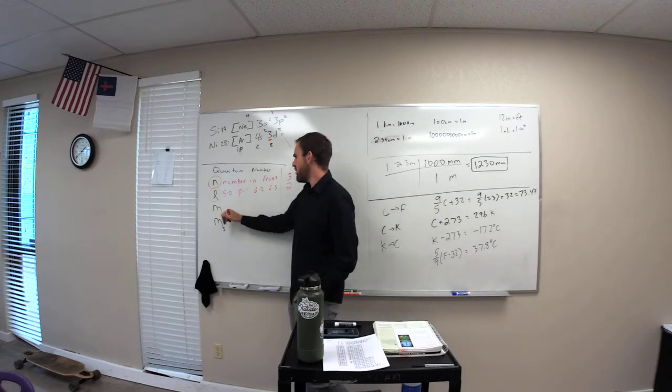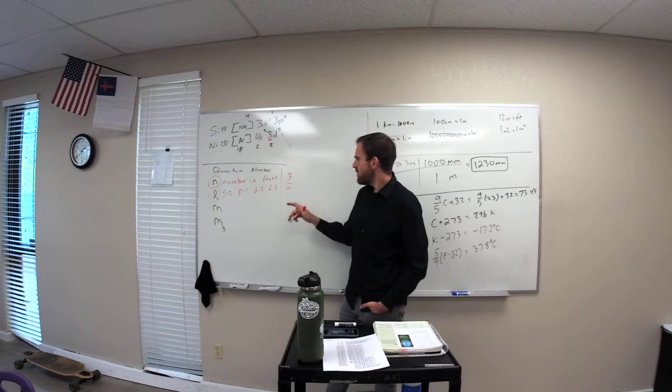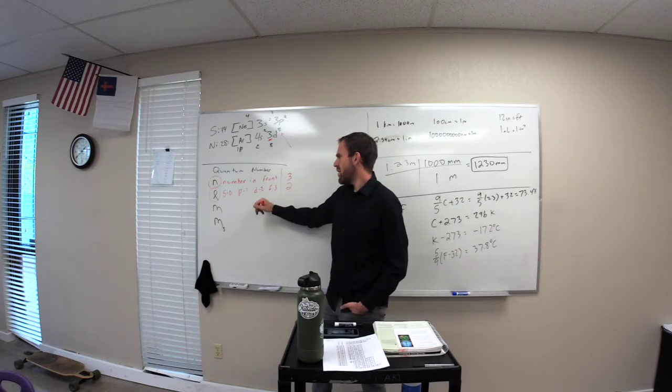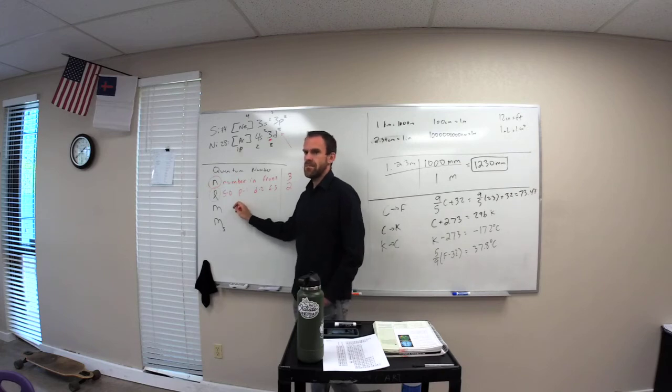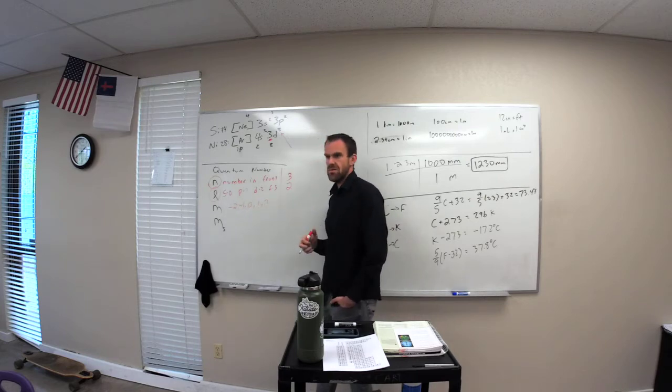Now we have to figure out M. This is where it gets a little funky, okay? For D as the azimuthal quantum number, what are the values of M? -2, -1, 0, 1, and 2.